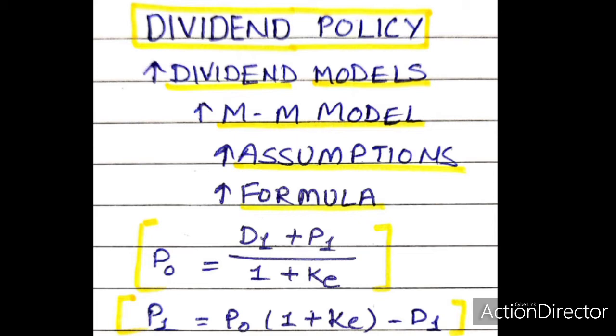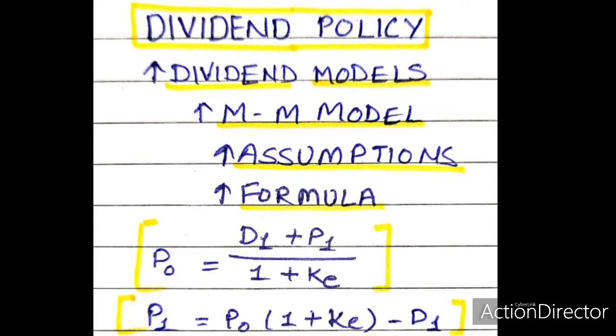Modigliani and Miller says that dividend decisions and retained earnings decisions do not influence the market value of the shares. That is, dividend policy is irrelevant for valuation.